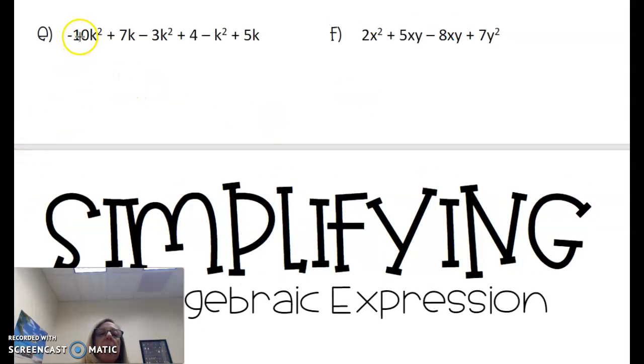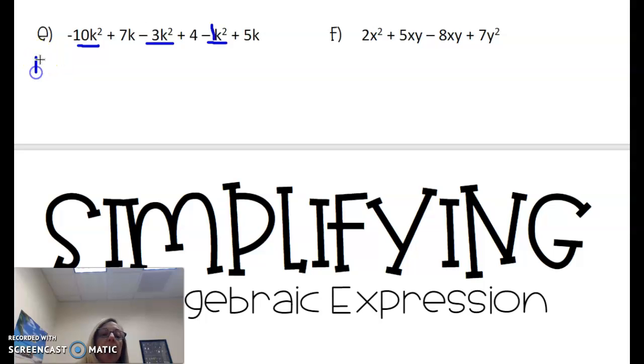First thing I do is I go through all of my terms and I look for variables that look alike. Well, it looks to me like I have a k squared here. I have another k squared here. Oh, and I have a k squared here. Remember, if there's no number in front of the k squared, I can always just write a 1.